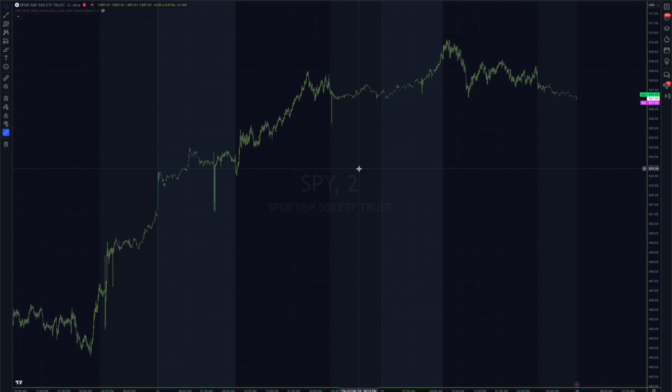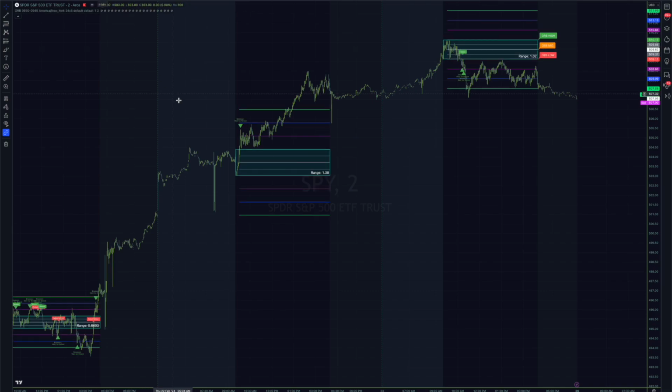I had a commenter leave a request for me to review an indicator that I have published regarding the ORB strategy. ORB stands for Opening Range Breakout. It is a breakout type strategy, so there's some risk with that.